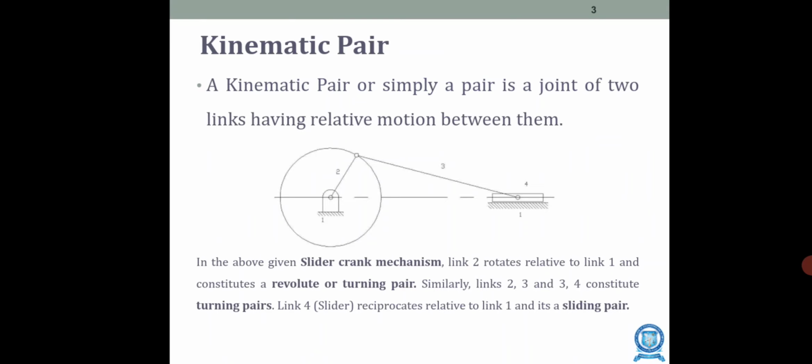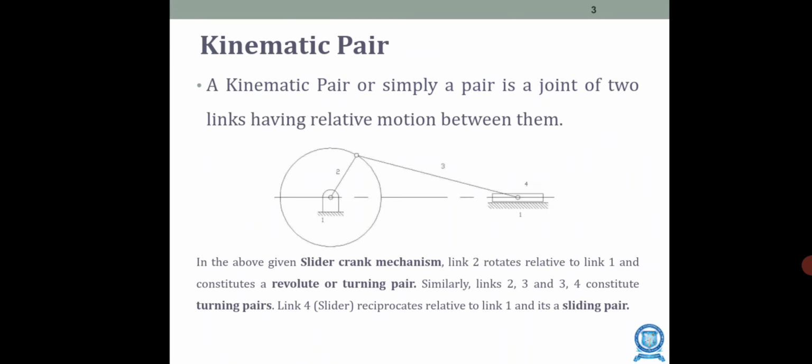A kinematic pair, or simply a pair, is a joint of two links having relative motion between them. It is not applicable when there is no relative motion between them. One link's motion should affect the other one. That is the main criterion here.